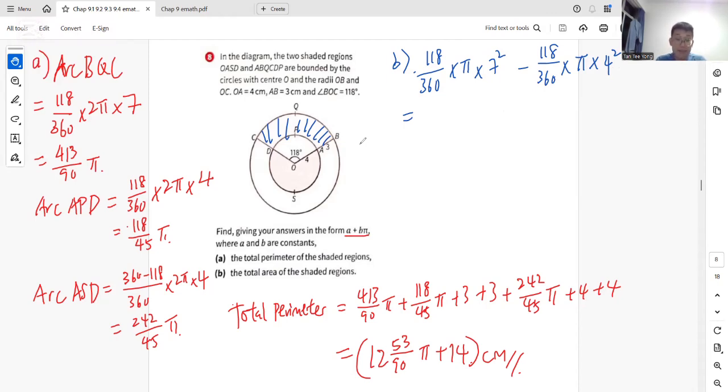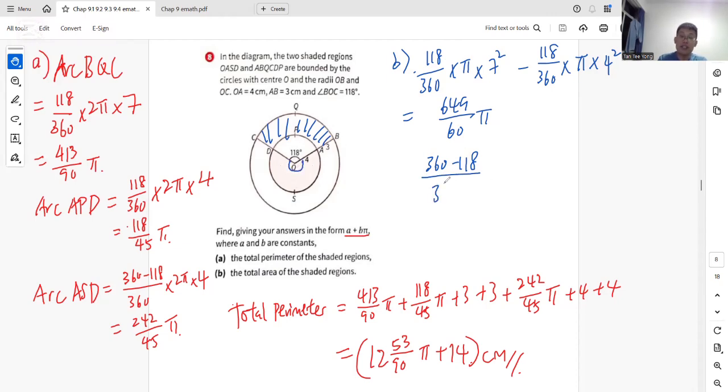I'm just calculating. So I will have 649 over 60 pi. So that's the area for the blue part. Then the area for the small pink part is just theta over 360, where theta is 360 minus 118, because of this angle here.